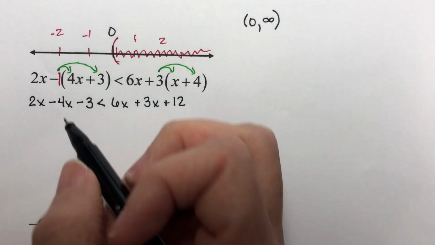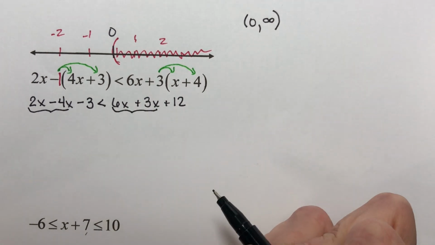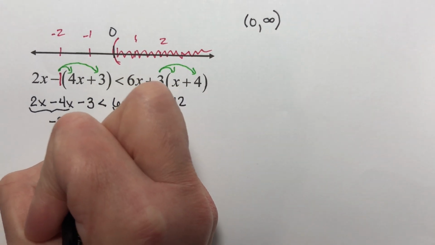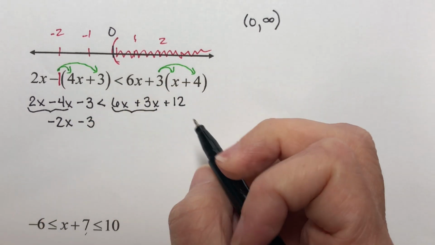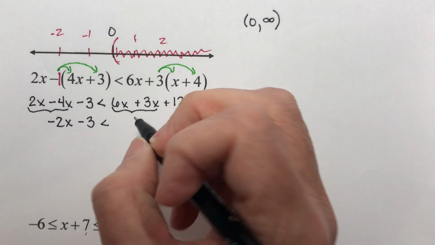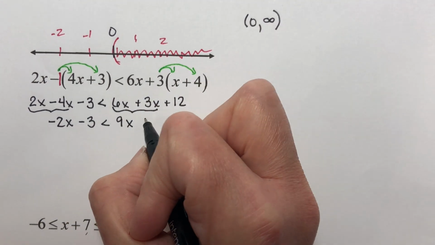Okay, now let's combine like terms here and here. 2x minus 4x, that's -2x, minus 3 is less than 6x plus 3x, that's 9x, plus 12.